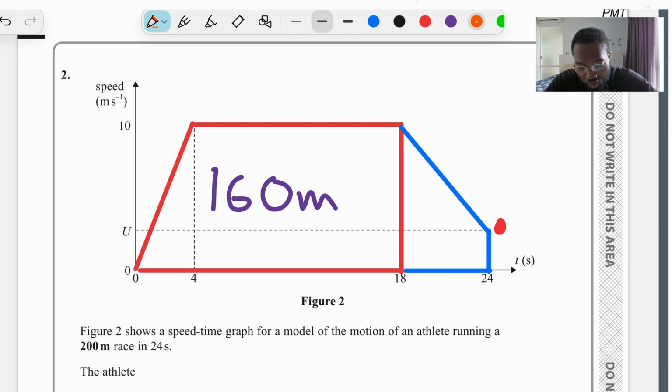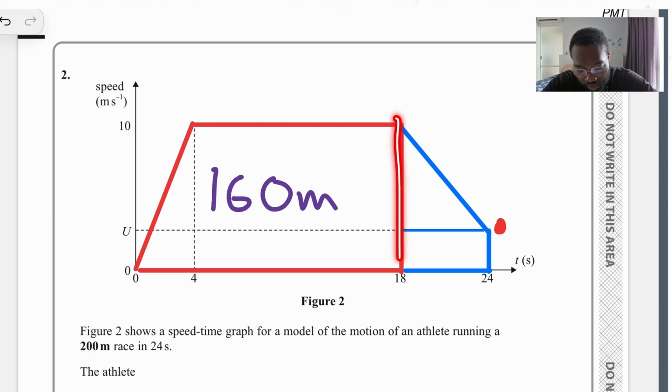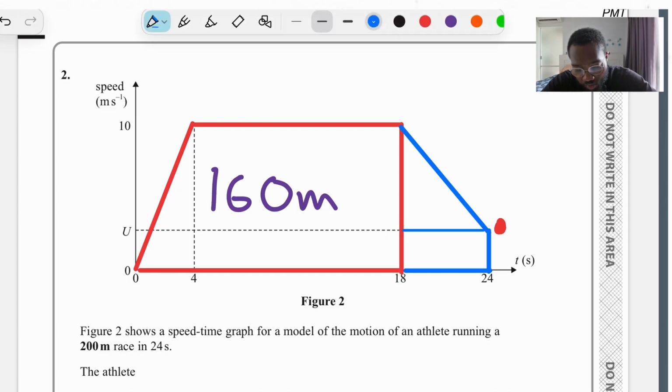We know that this whole distance here is 10 meters per second, and this is u. So if we want the area of just that triangle, it would be 10 minus u.